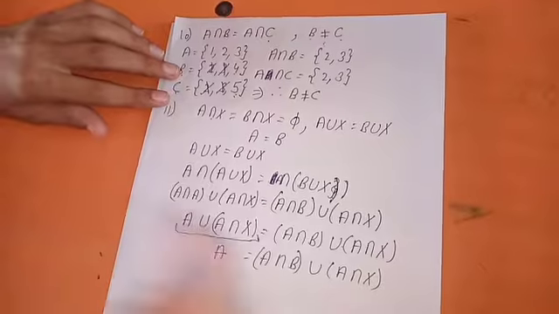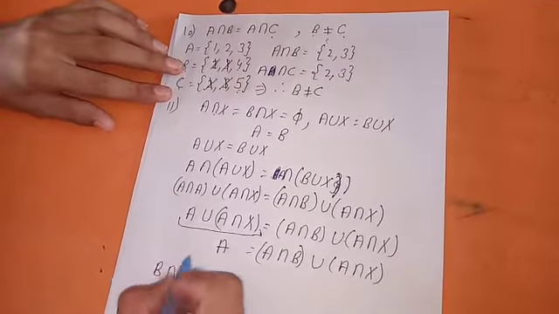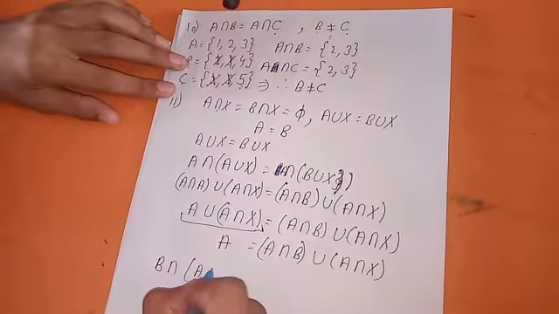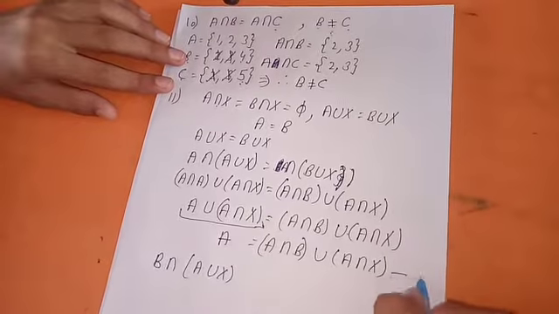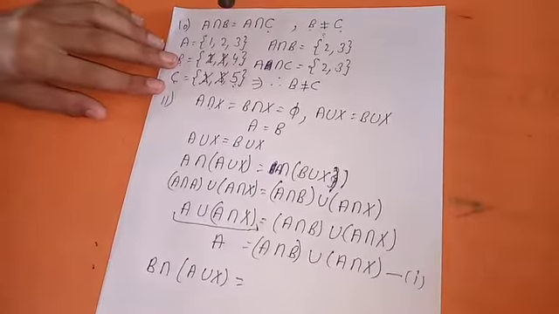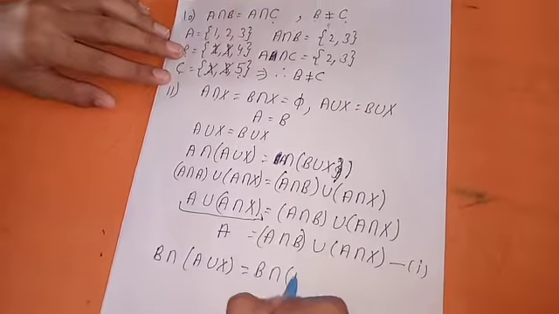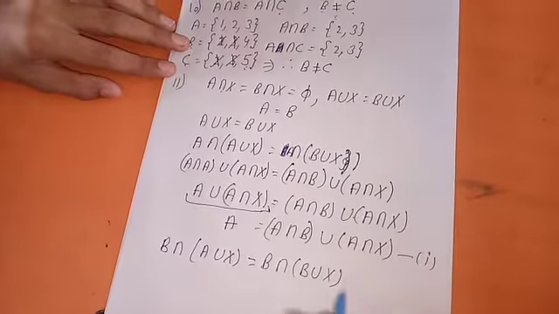Now similarly we'll do it, doing its intersection with B. Okay, it is our first. So now we are going to use distributive law again. Okay, so it will be B intersection (B union X).